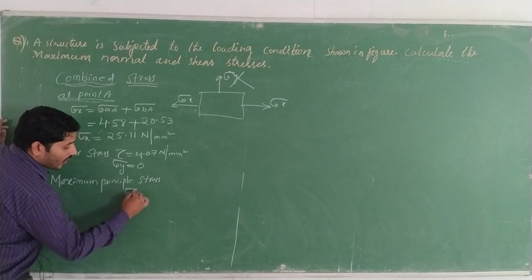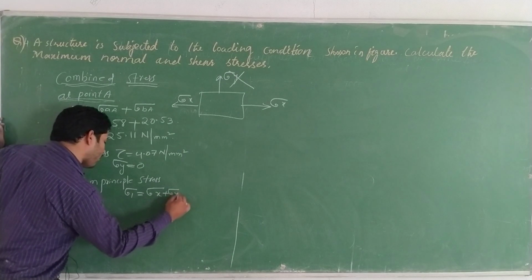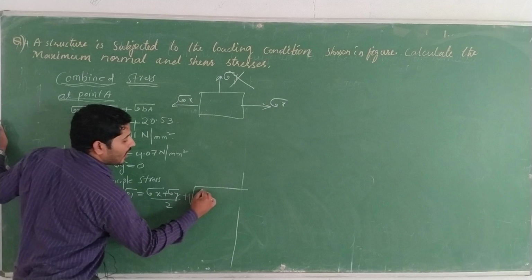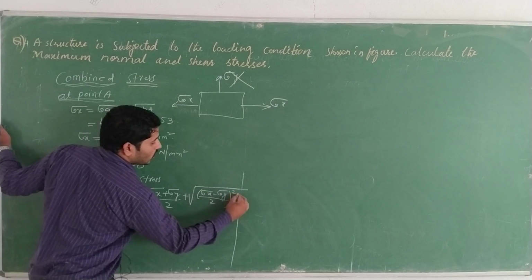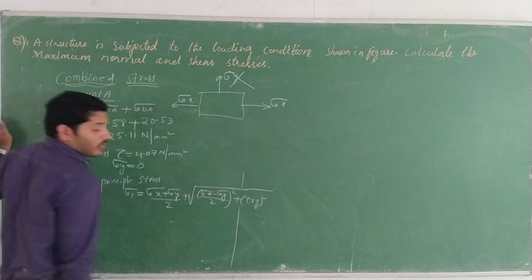The equation is sigma 1 equal to (sigma x plus sigma y) by 2 plus under root of ((sigma x minus sigma y) by 2) whole square plus tau xy whole square.